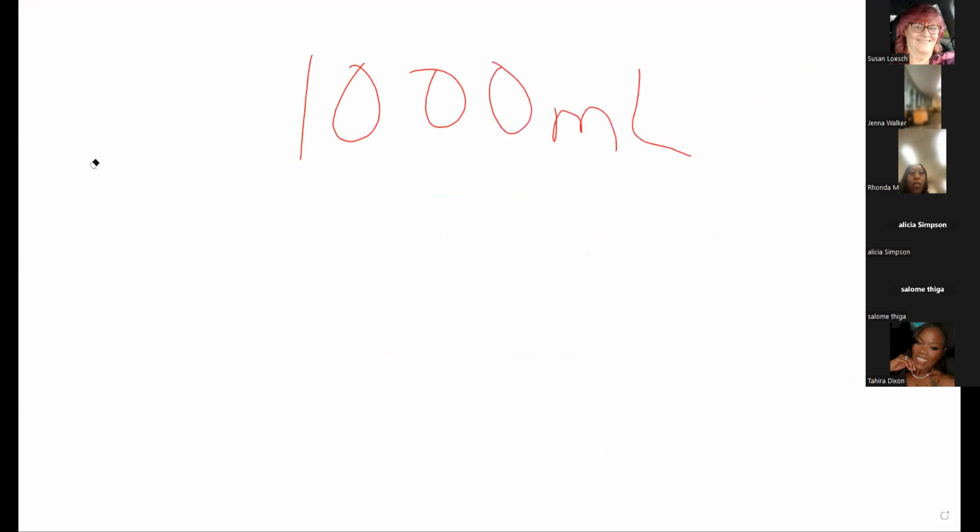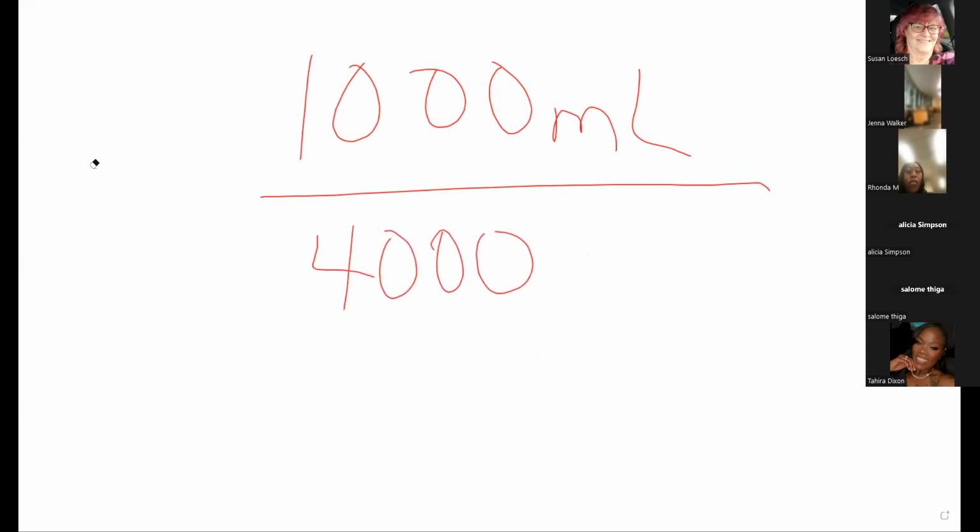Yes. On hand, you have 40,000. And remember, I'm sorry, this should be units. That's important for you to know. Why does that need to be units? Because that's what's going to cross out to give you your mLs per hour.